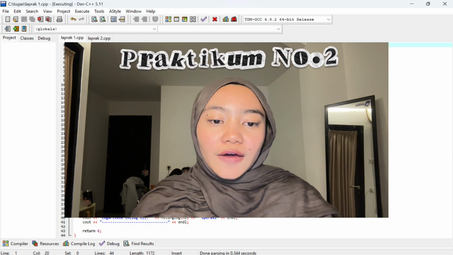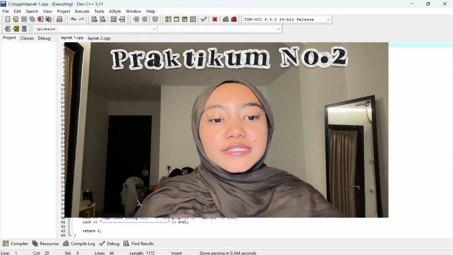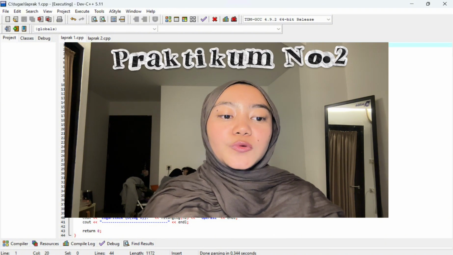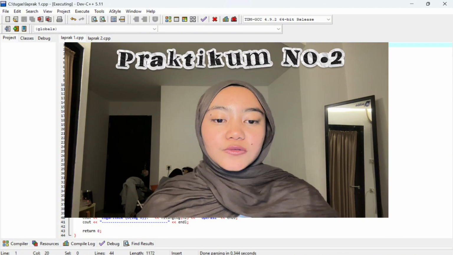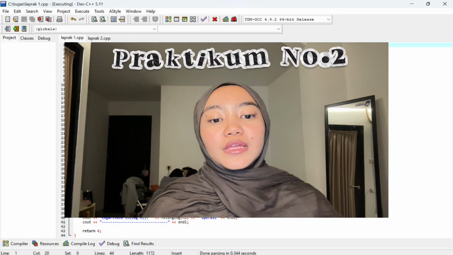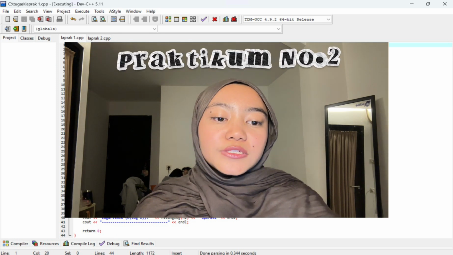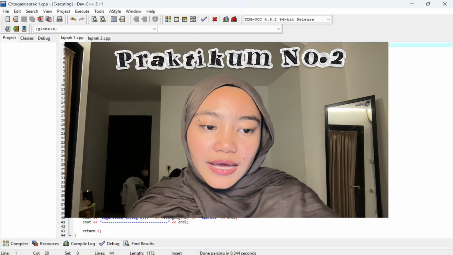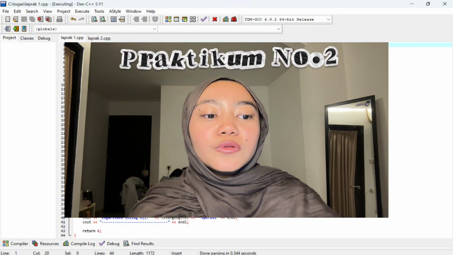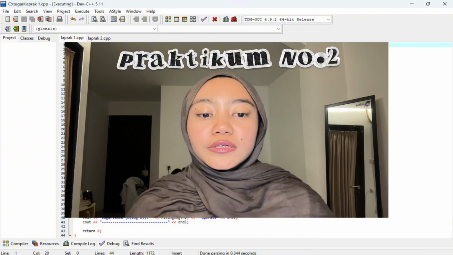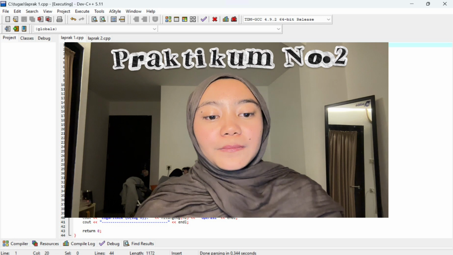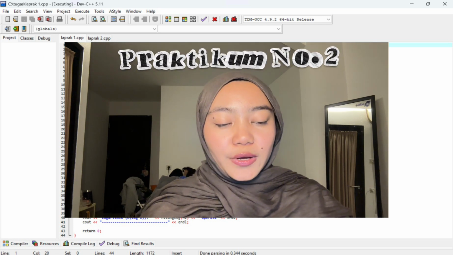Third, we have 100n + 5 is in O(n²). To prove this, we change each term into the dominant term n². Since n is less than or equal to n², 100n can be written as 100n².